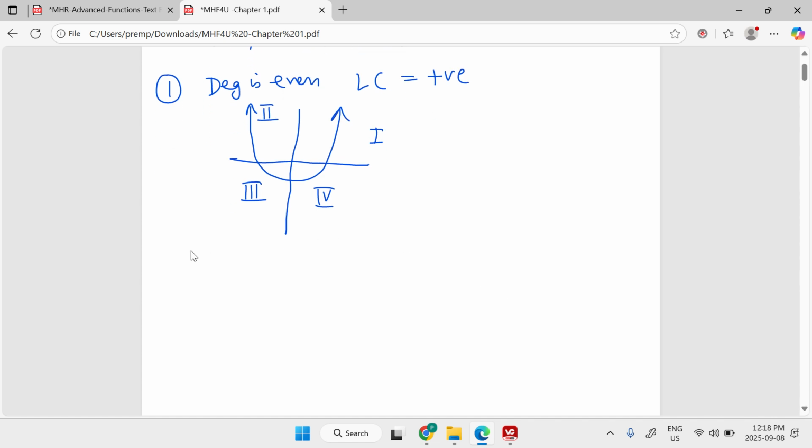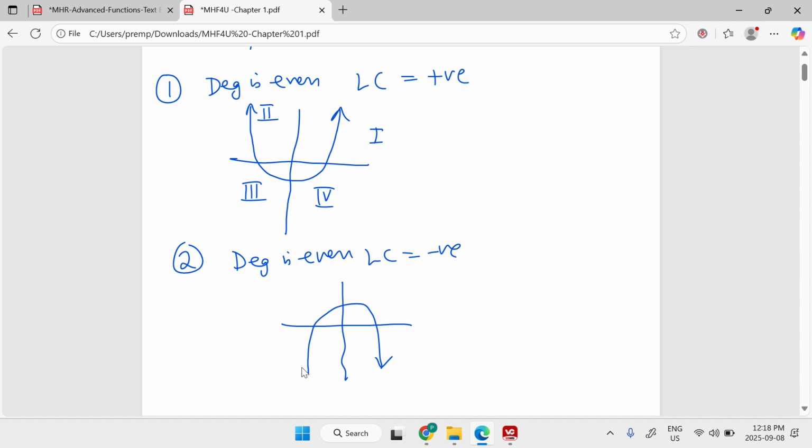Now the second case is if the degree is even but the leading coefficient is negative. Then the graph will look the opposite of that. I think you know that when the leading coefficient is negative, it's a reflection about the x-axis.